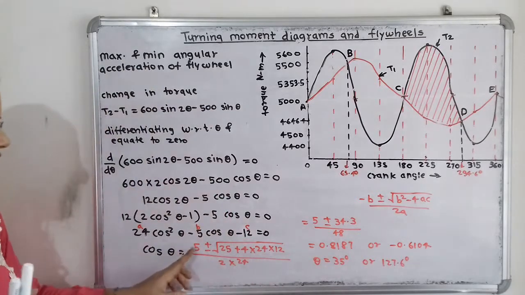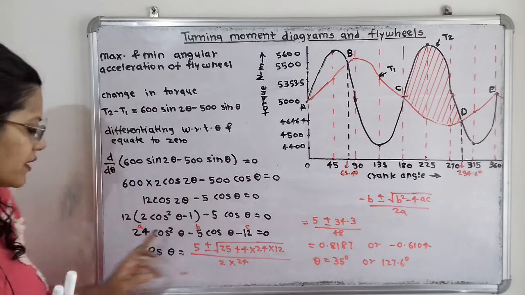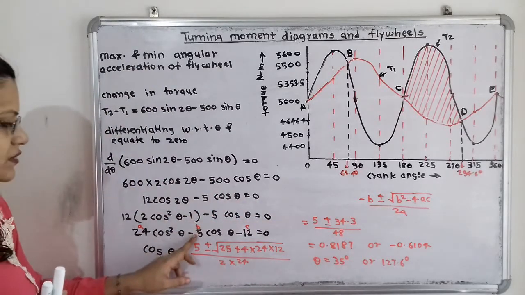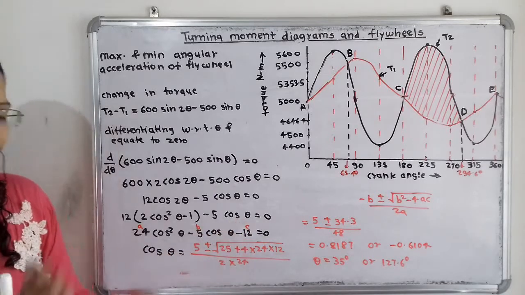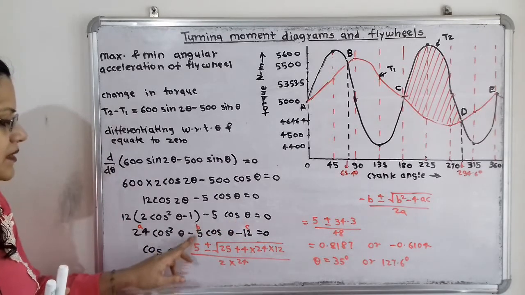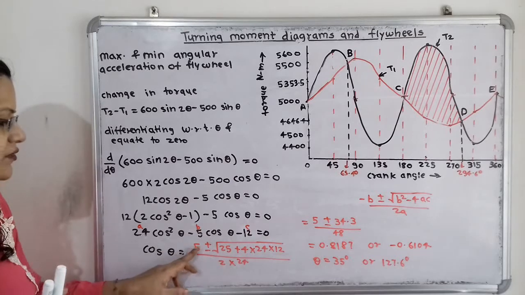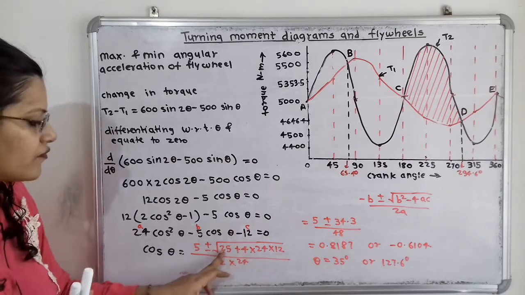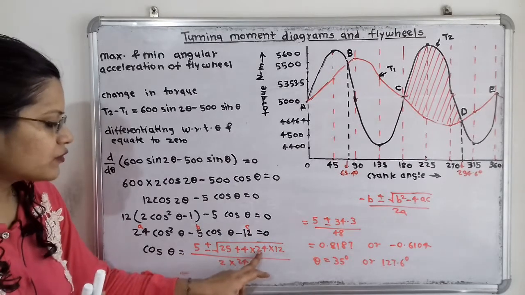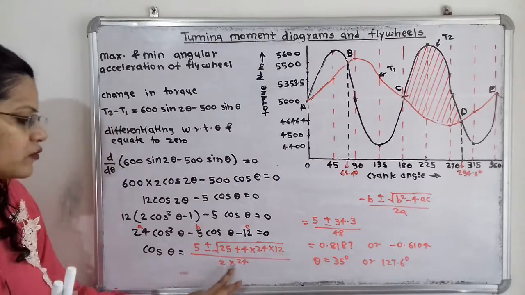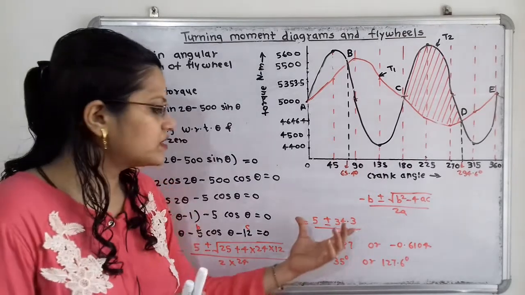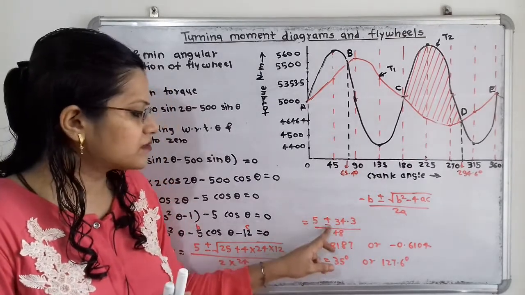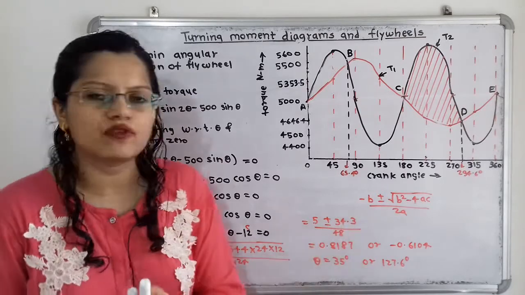Here a is 24, b is minus 5, c is 12. So minus b, that is minus into minus 5, that is 5, plus minus under root of 25 plus 4 into 24 into 12, divided by 2 into 24. When we simplify this we get 5 plus minus 34.3 by 48.